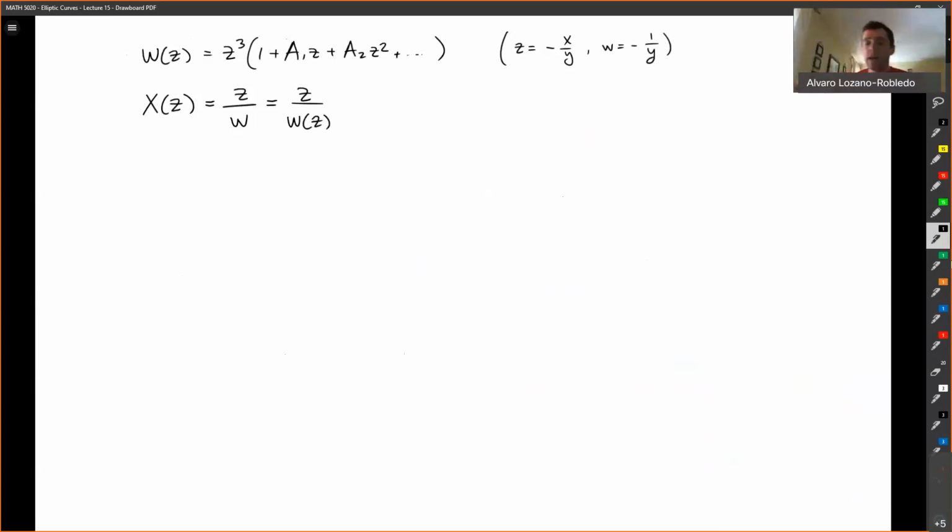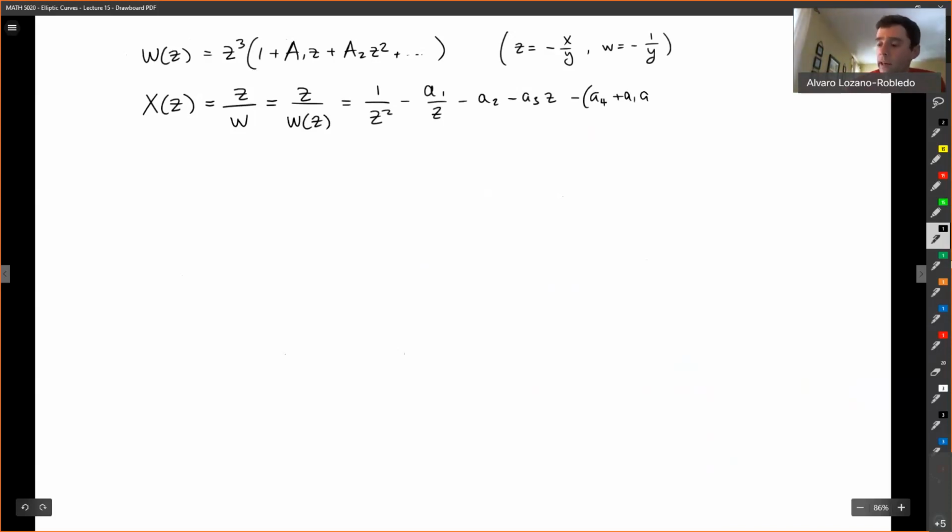And I can actually now write the power series, invert the power series for W, and it turns out I get a power series for X is 1 over Z squared minus A1 over Z minus A2 minus A3Z minus A4 plus A1 A3 Z squared plus dot dot dot. And I can retrieve the y coordinate the same way.